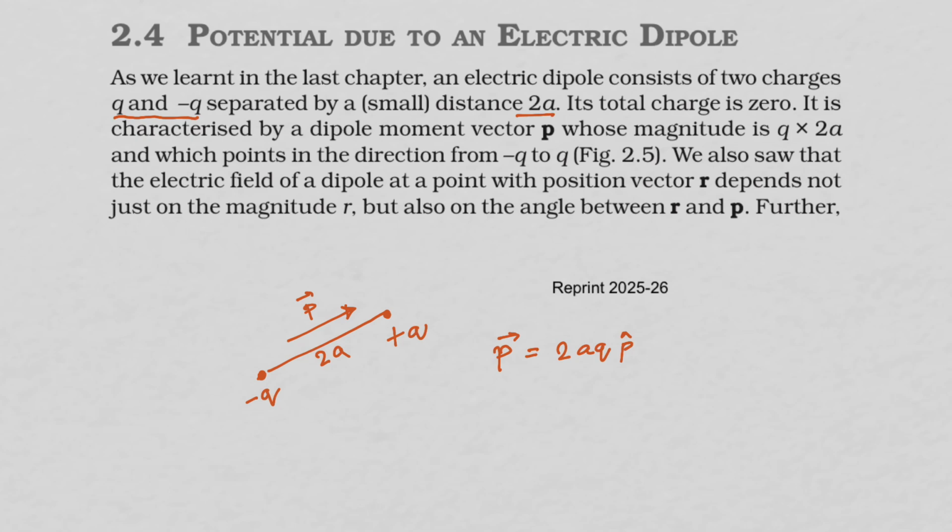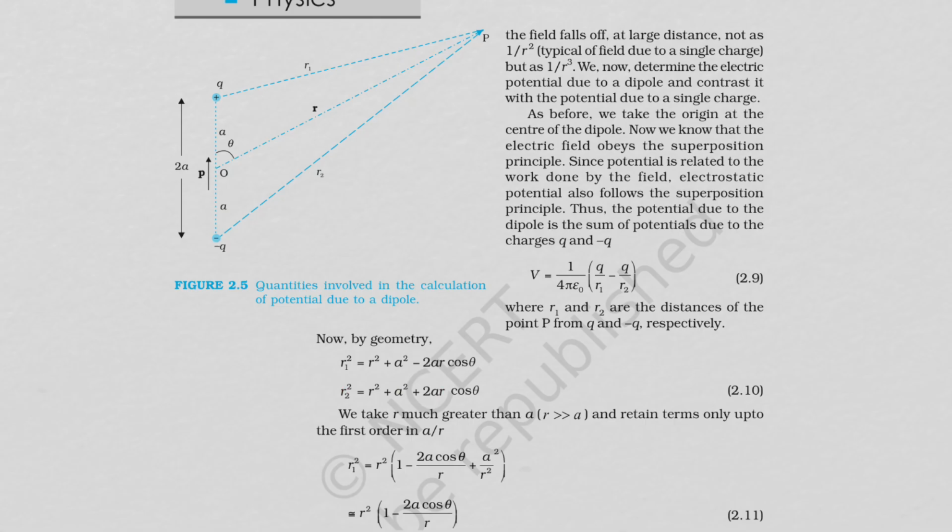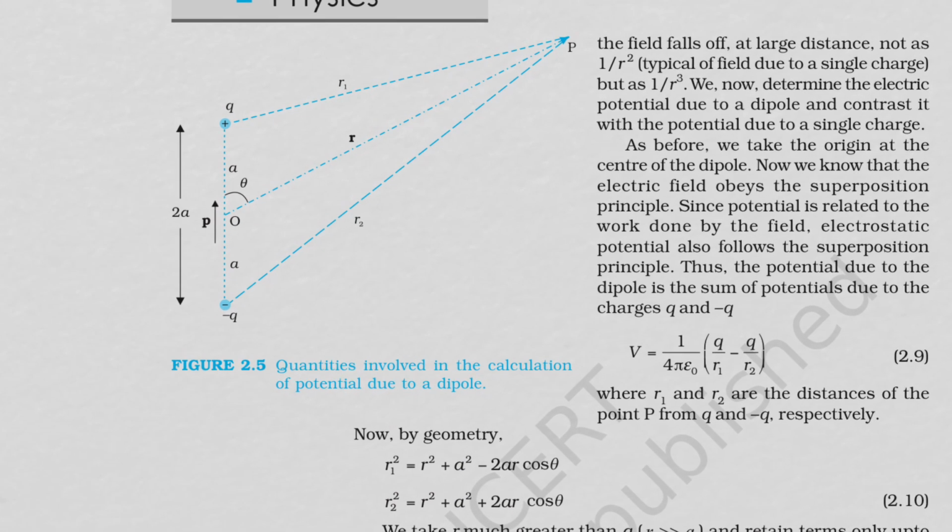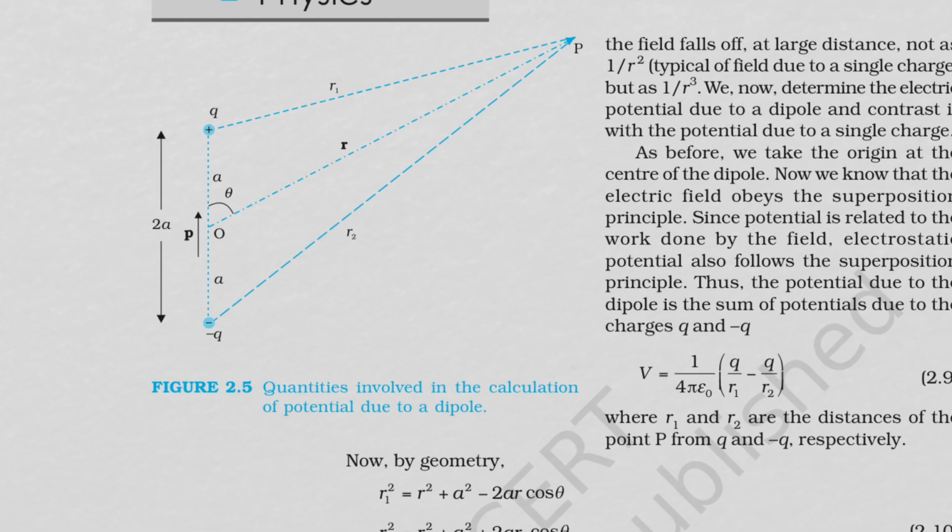Okay, so let us go to the figure. You can see the figure here. Certain things we have to establish before we even start. There are two charges, and this dipole has a center O, and this center is r distance away from the point where we have to find the potential.